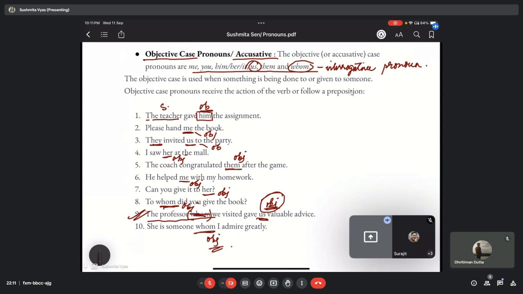Don't be confused by the whom, which is why I put this example, because you will tend to make mistakes in this sentence. The professor is giving the advice, so he is the subject, and because he is giving the advice to us, we are the object. Get it? Okay. All right. Does anyone else have any more doubts?